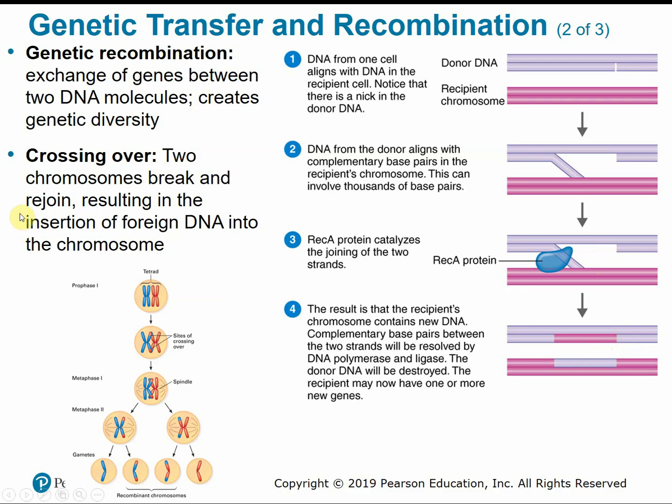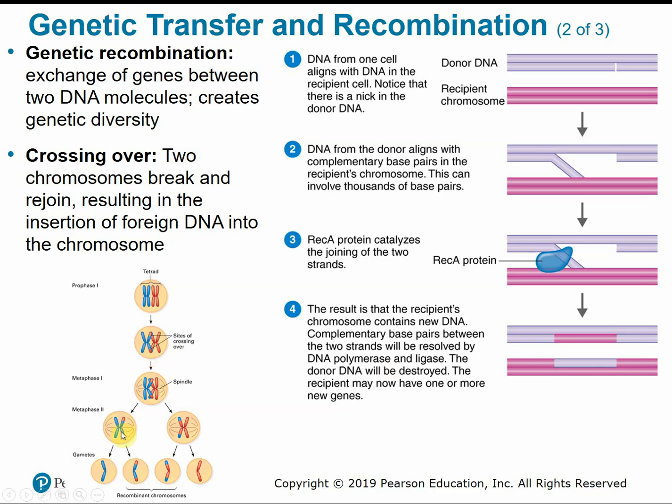Crossing over is another way for genetic recombination in eukaryotes during sexual reproduction. During meiosis, the beginning stage of formation of the sex cells, the gametes, the chromosomes will cross over and exchange some genetic material. The two chromosomes will break and rejoin, resulting in the insertion of foreign DNA into the chromosomes.